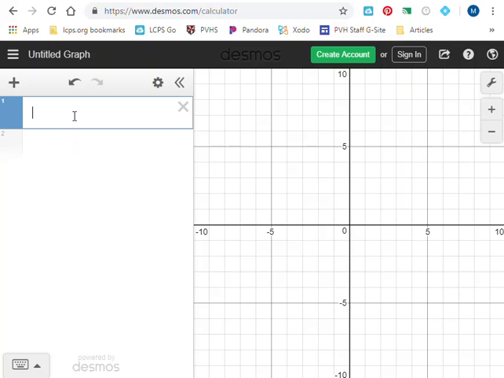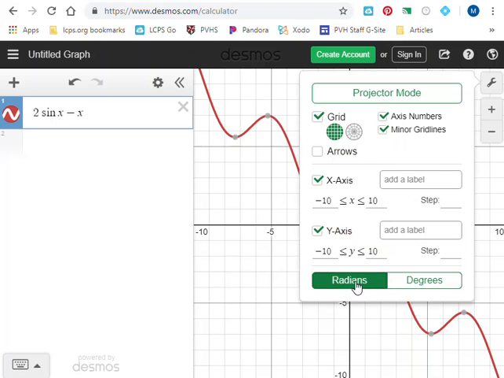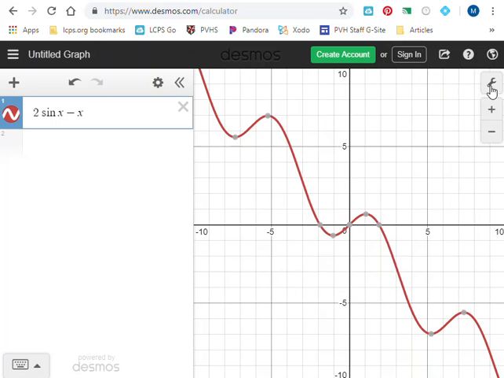So if I have 2 sine of x minus x, make sure that you're in radian mode. If you click the wrench in the corner, radians should be highlighted in green. And then you can click on the x-intercepts.